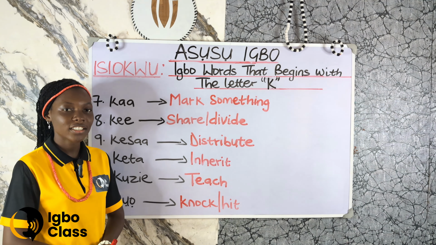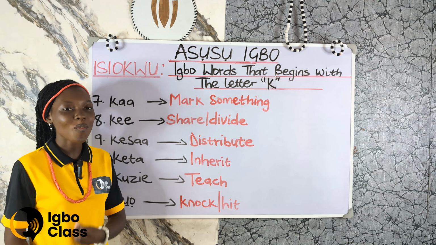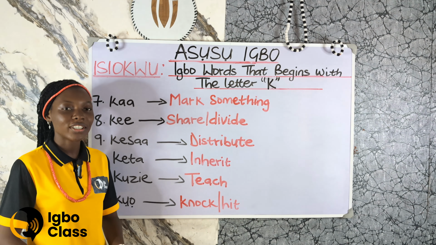Kụọ aka n'ụzọ, knock on the door. Kụọ ya ihe, hit him. Kụọ ya ọkpọ n'isi, give him a knock on the head. Kụọ, to knock or to hit something or someone.